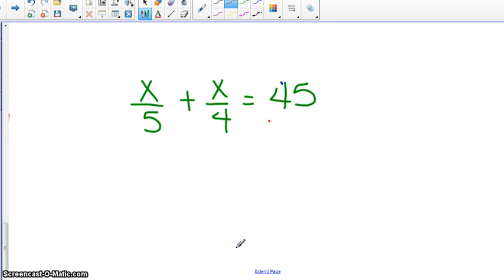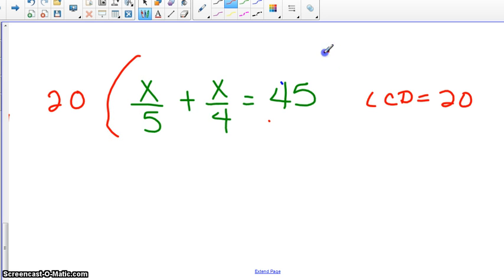Another way to do it is to take the LCD. Alright, so we're still going to have the same problem, and we're still going to say that the LCD is 20. And we're going to multiply the whole problem by 20. Alright, and what that's going to do is it's going to eliminate all of our fractions. So we don't have to work with fractions anymore. So let's look at what happens.